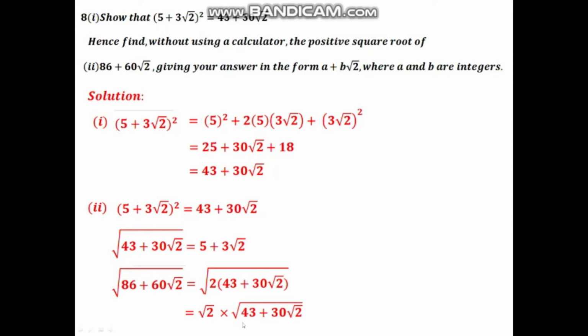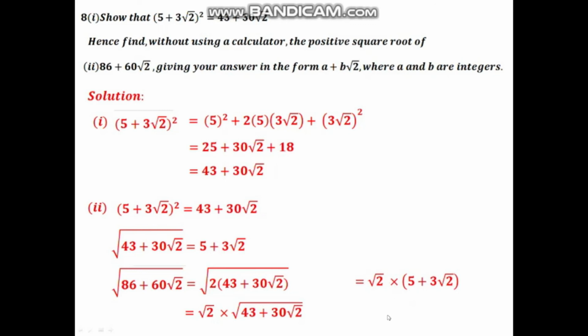Okay, and if you look carefully, this part, the square root of 43 + 30√2, is actually here, right? And it equals 5 + 3√2. So what I will do is I just replace this with 5 + 3√2. So you get equals √2 times (5 + 3√2).